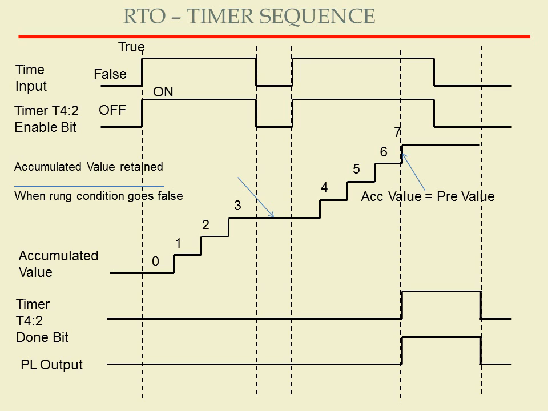So at the accumulated value, first it will be 0, then it will become 1 second, 2, 3. If the switch is off at an intermediate time after 3 seconds, the timer will stop, but the retentive timer will retain the value 3, and whenever you switch on the power, it will start from 4, not from 0.